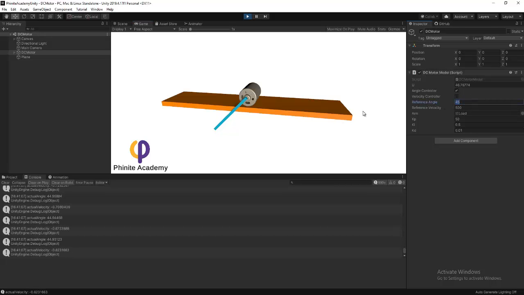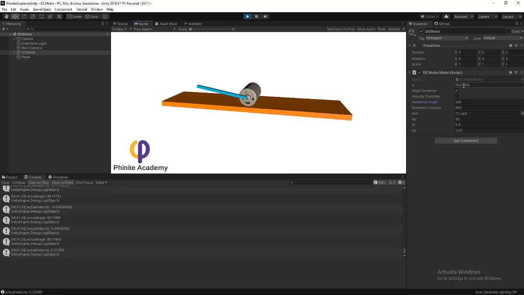If I change this value to 60, then the actual angle is around 60 with a small difference, okay? This is the first design of our controller. Or we can set a 100 angle position here, and then we get the actual angle with a small difference from the 100 value, okay?